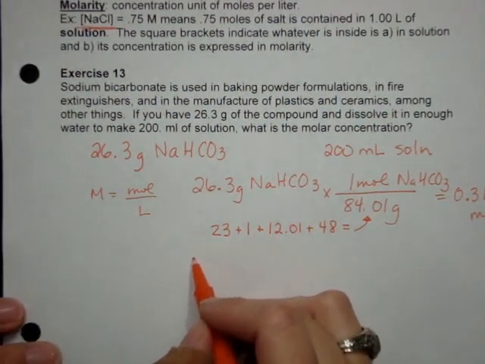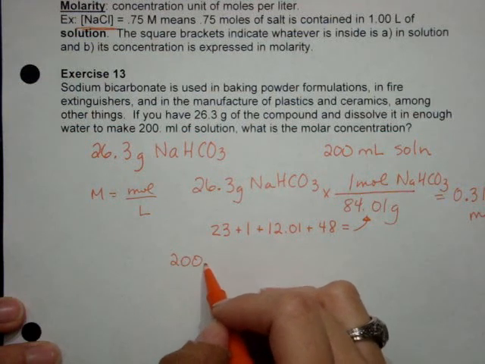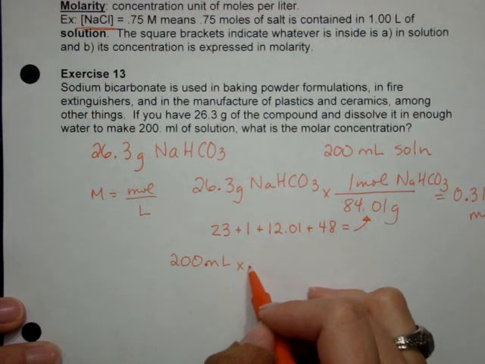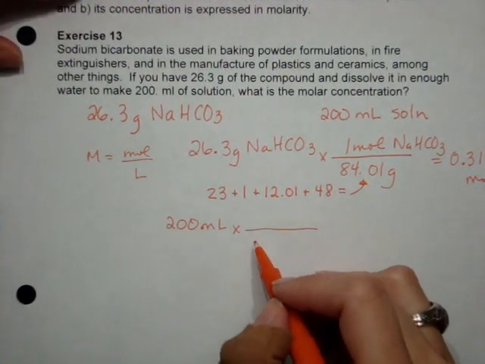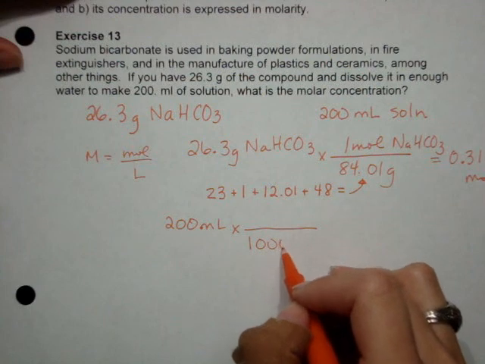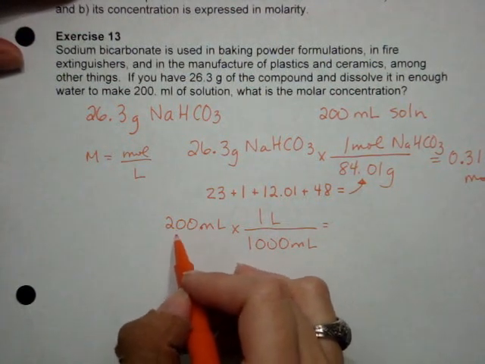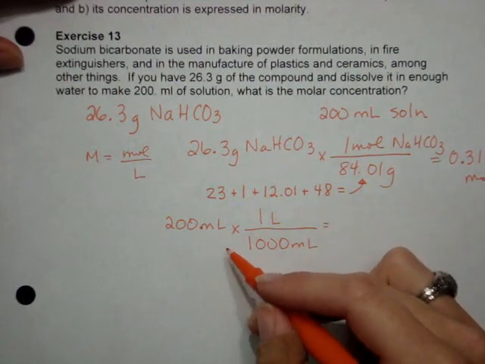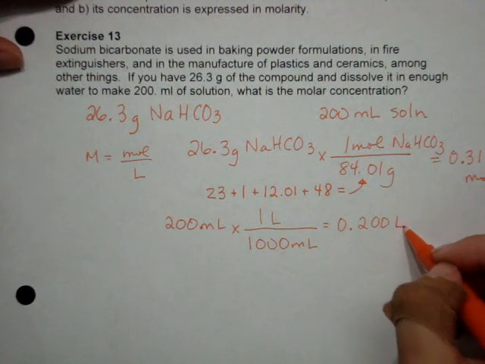Next I have to take my solution, and I have 200 milliliters. You can either move the decimal or use dimensional analysis. There are 1,000 milliliters in 1 liter, or you can move the decimal 3 places to the left. So 200 divided by 1,000 is 0.200 liters.